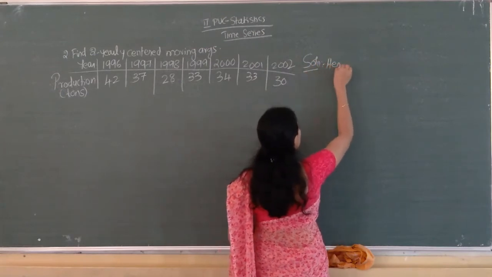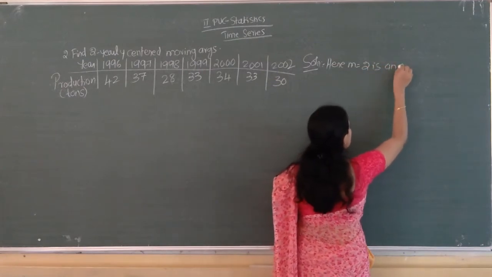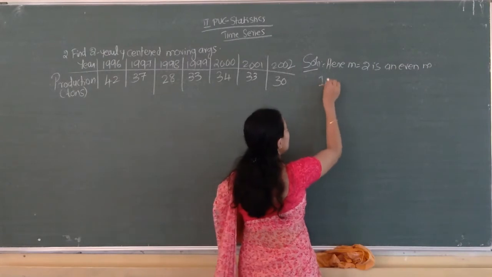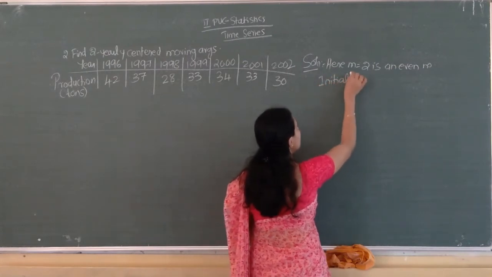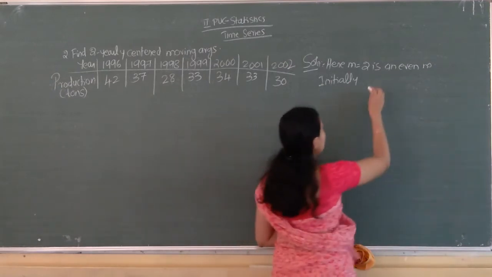Here m equal to 2 is an even number. Initially 2 yearly moving totals are obtained.